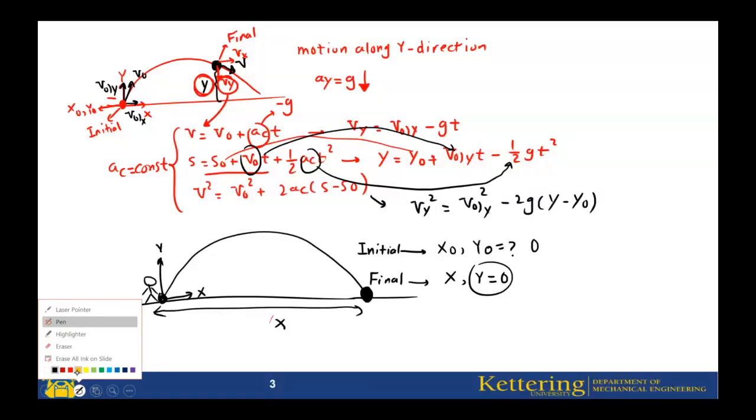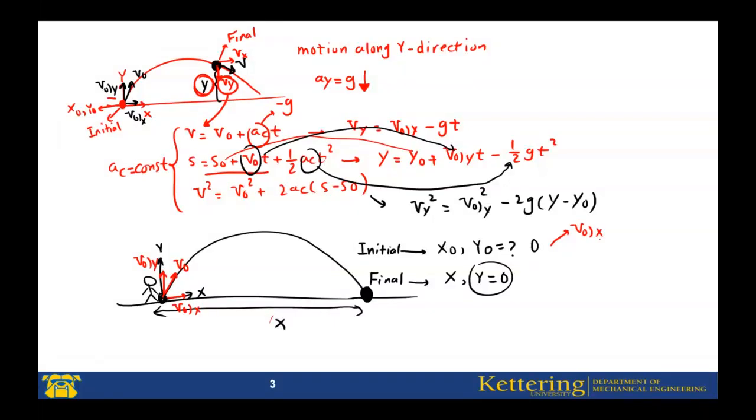At the initial coordinate, if this is V0, the initial velocity, it has one component along X called V0X and one component along Y called V0Y. When the ball hits the ground, at the final position, this is the velocity tangent to the path.